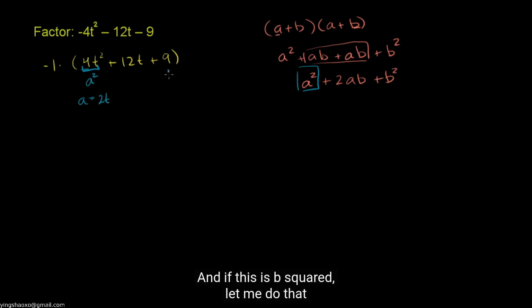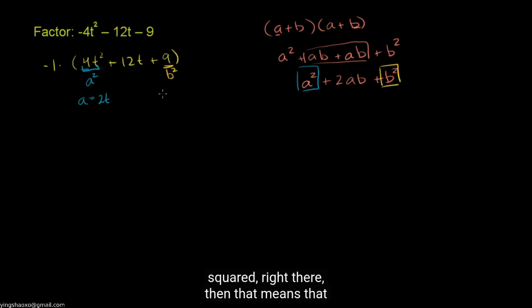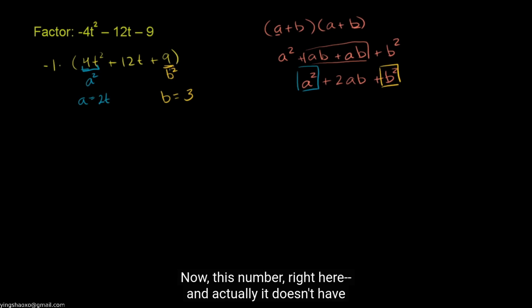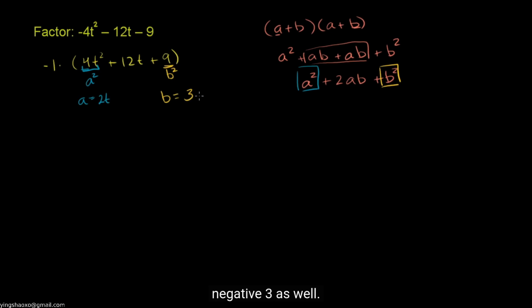And if the 9 is b squared, then b is equal to 3, the positive square root of 9. Actually, it doesn't have to just be equal to 3. It might have been negative 3 as well. It could be plus or minus 3.